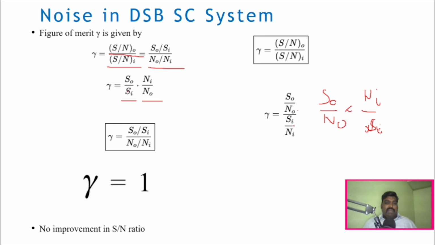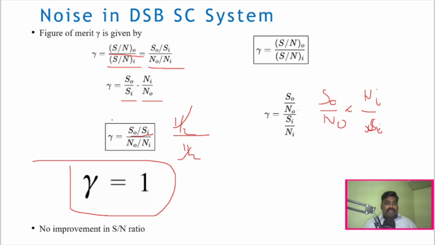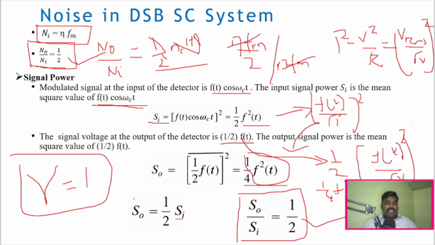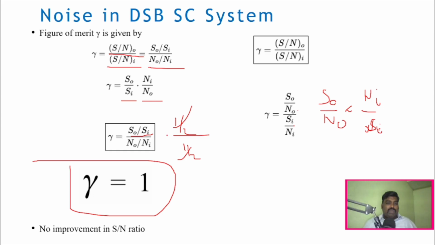And we know what this particular value is. It is 1 by 2, and also this is 1 by 2, and this gets cancelled, and that is 1. So you can see S naught divided by Si is 1 by 2, and N naught divided by Ni is 1 by 2. So what happens here? The figure of merit is equal to 1.